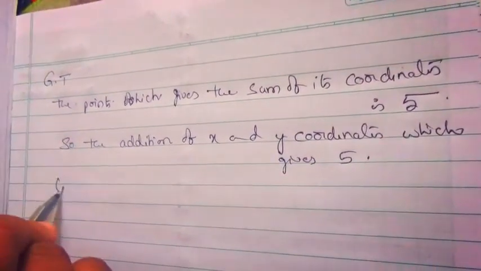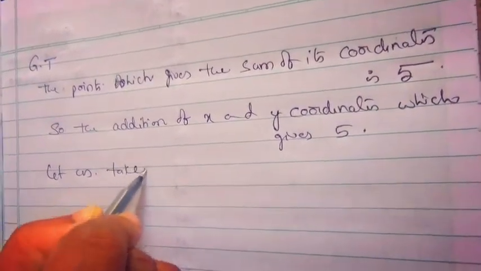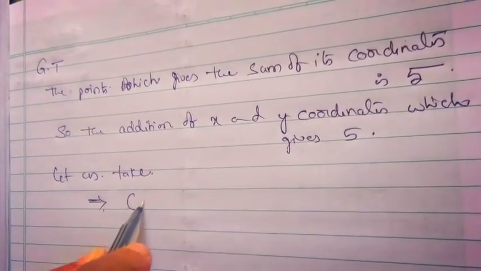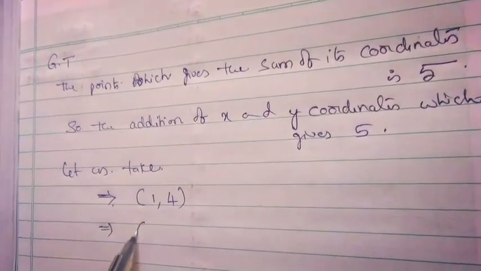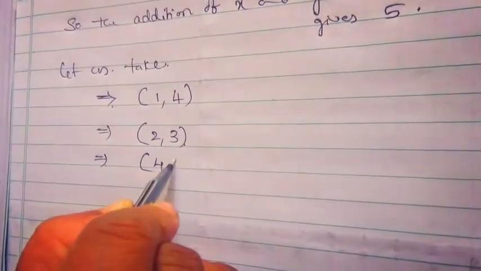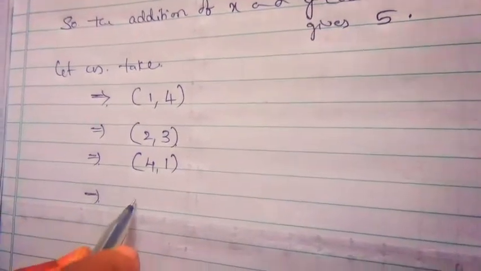Okay, so let us take some examples, that is 1, 4, 2, 3, 4, 1, and 5, 0. In negative signs also I want to take some numbers, that is minus 3, 8. 8 minus 3 is 5, no? That's why. So one more point I want to take here, minus 1, 6. Okay, 6 minus 1 is 5.